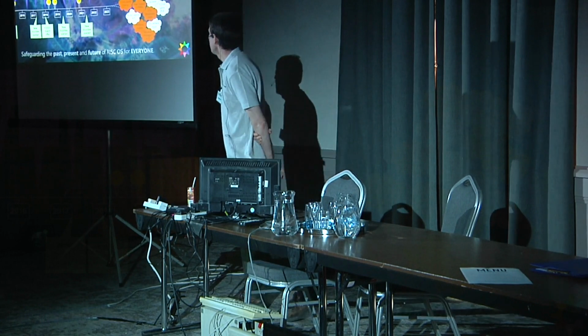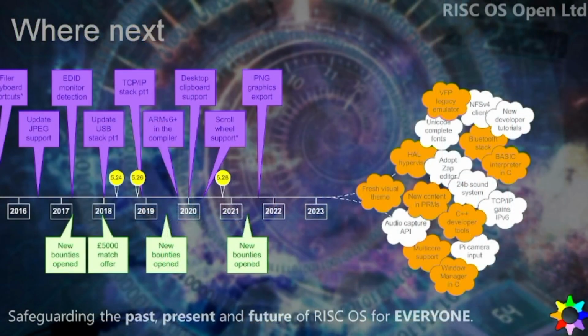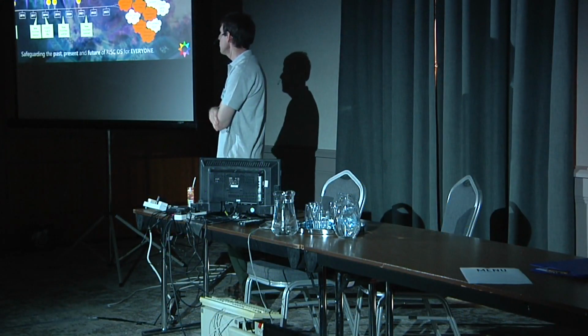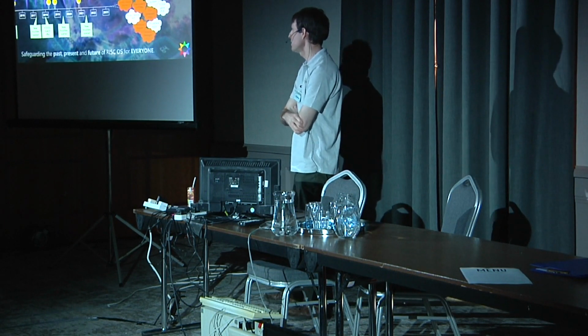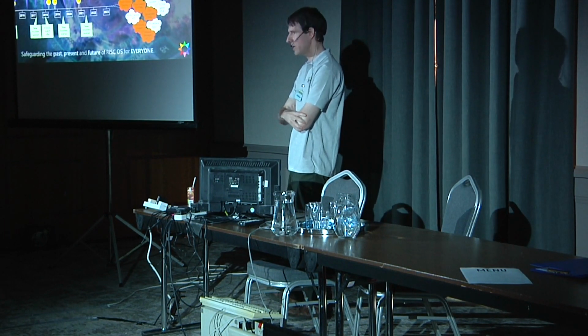So the Programmer's Reference Manual is a mighty 4,000-page tome, which if printed out is probably about 9 inches tall of paper. And the problem we have there is that although we can generate the manuals, the content within the manuals is still really describing RISC OS 3.